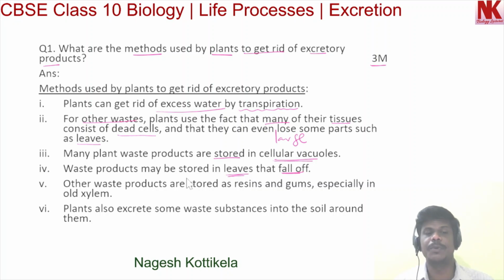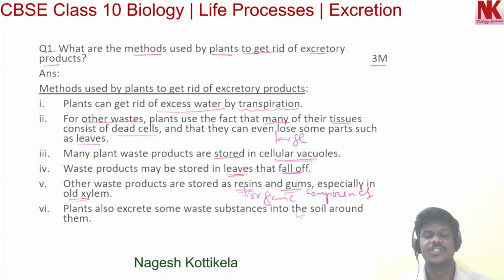Other waste products are stored as resins and gums, especially in old xylem. These resins are usually mixtures of organic compounds, and they are secreted by the plants for their protective benefits in response to injury.